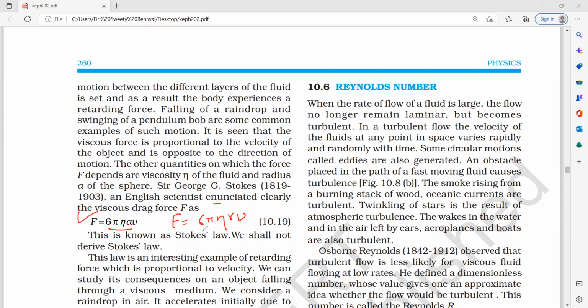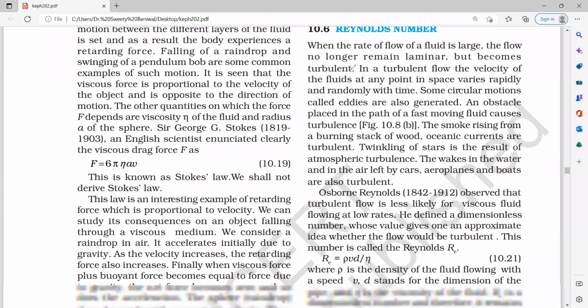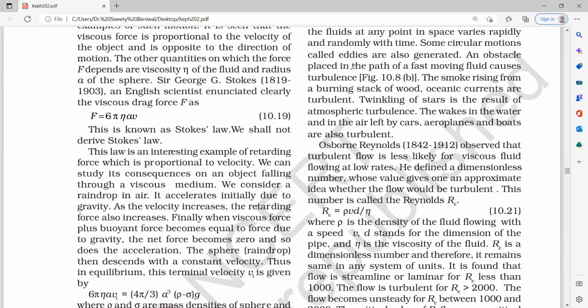So derivation is not in your syllabus. So this expression is basically Stokes law. You can use r in place of a for interpreting with radius. Next, this is an interesting example of a retarding force which is proportional to the velocity.